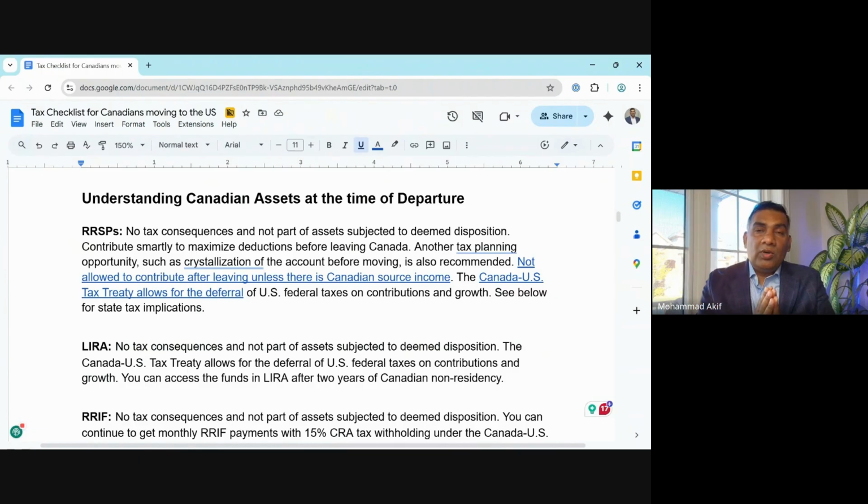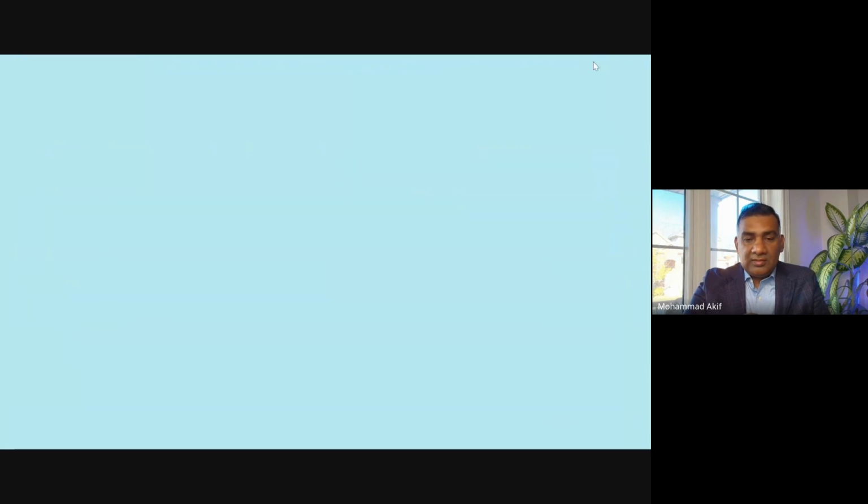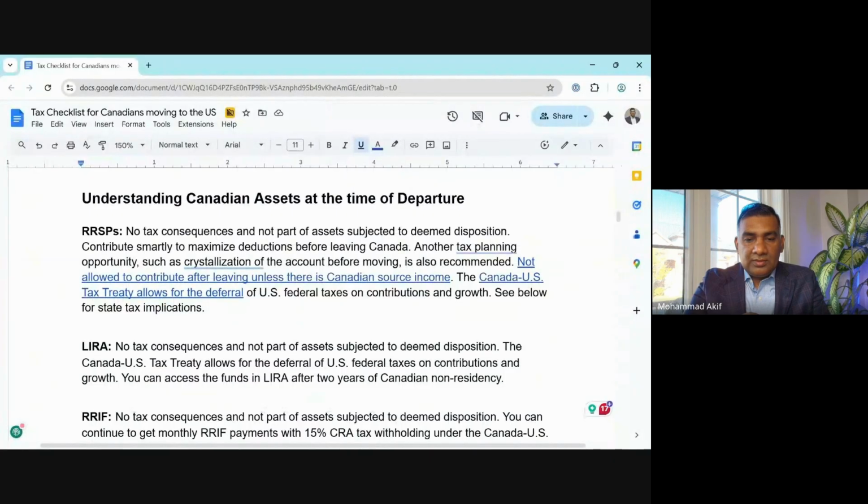So what planning can you do before you're moving to the United States? What you can do is crystallize. And what do I mean by crystallization? Crystallization is that you sell all your assets within the RSP and buy back everything. So what you have done is accelerate your capital gains.